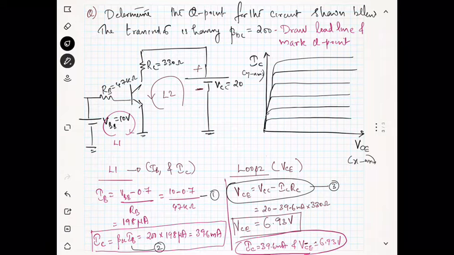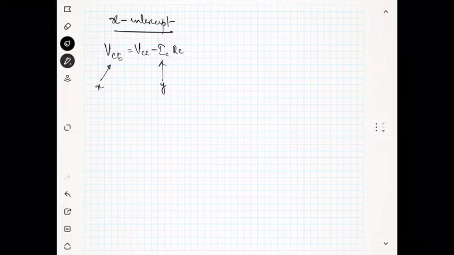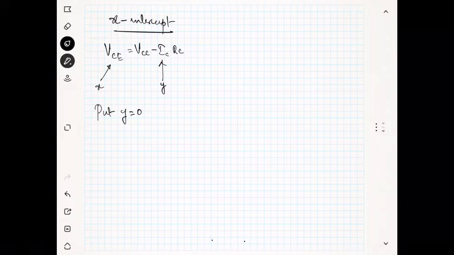We will find the x-intercept first. To find the x-intercept, we will take the equation VCE equal to VCC minus IC RC, where this is our x and this is our y. To find the x-intercept, you will put y equal to 0, that means you are going to put IC equal to 0.